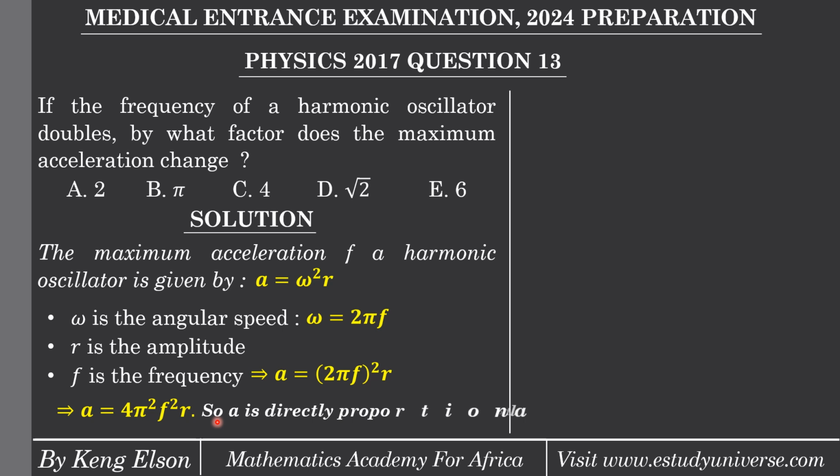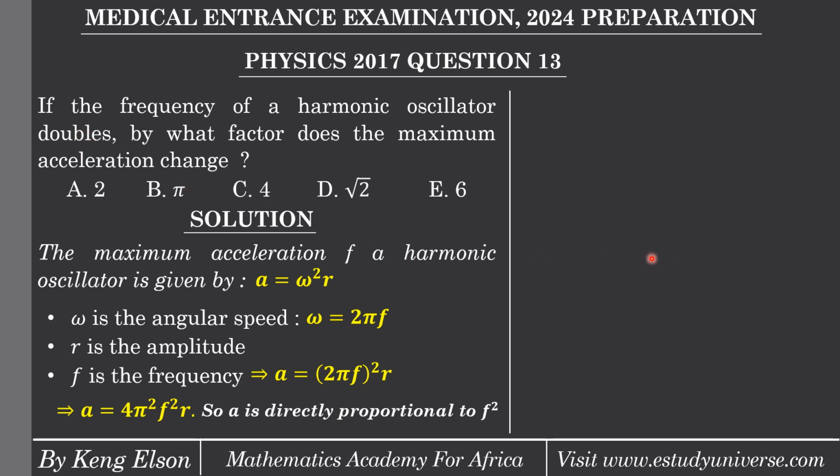And with that said, we conclude that the acceleration is directly proportional to the square of the frequency. From here we can deduce the expected result, because if the acceleration is directly proportional to the square of the frequency, it means that if the frequency doubles, the acceleration is going to quadruple, which means that we have to square the factor attached to the frequency.